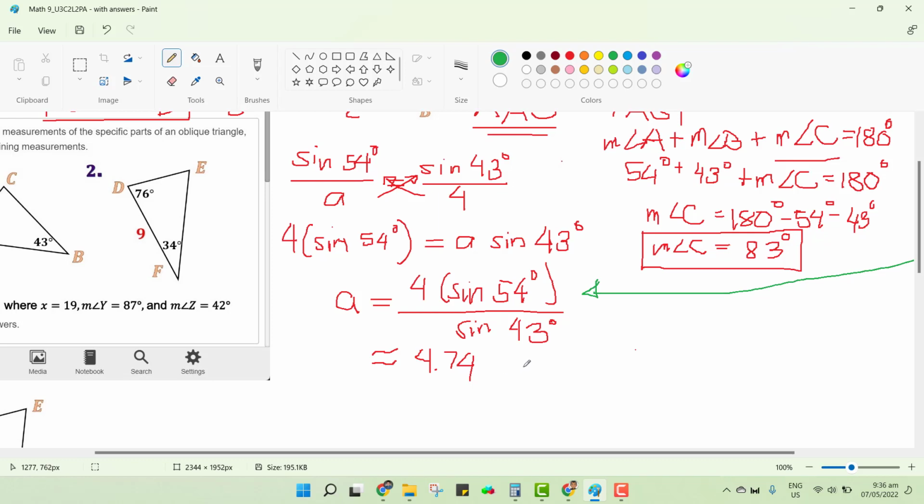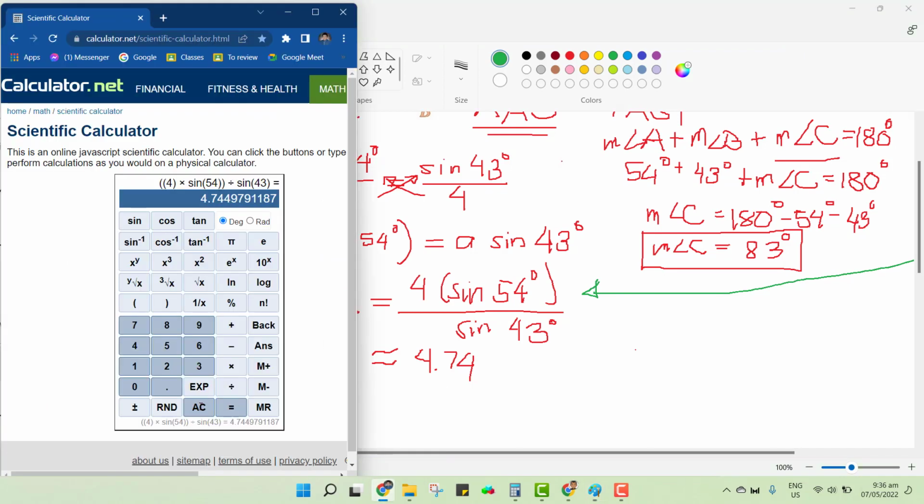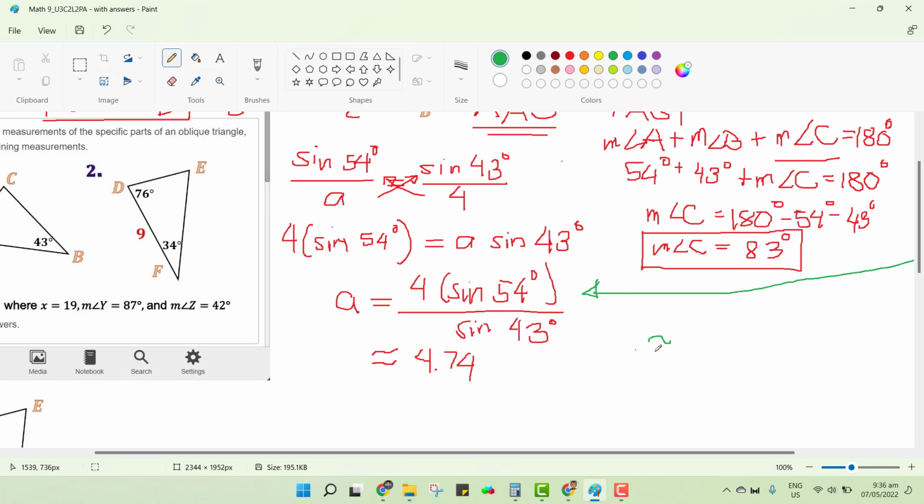My concern is for some of us, again, let me go back here. I'm going to erase all of this by clicking AC. So I'm going to have 4 times sine 54. Okay, so if you're going to round it off, you have 3.24. Okay, let's make it clear.